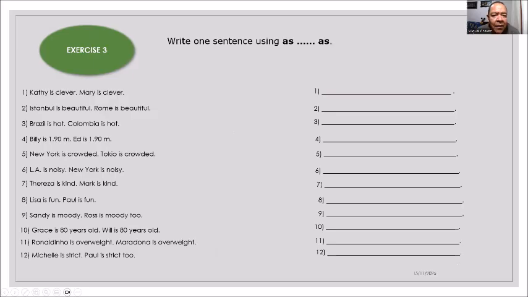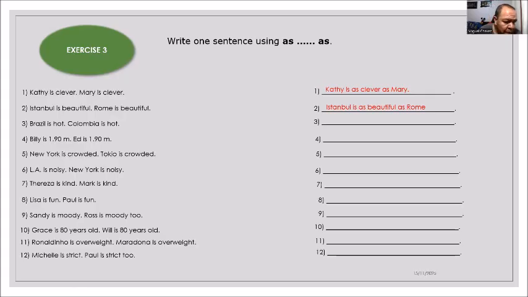Exercise number 3. Write one sentence using as. Number 1. Kathy is clever. Mary is clever. Kathy is as clever as Mary. Number 2. Istanbul is beautiful. Rome is beautiful. Istanbul is as beautiful as Rome.